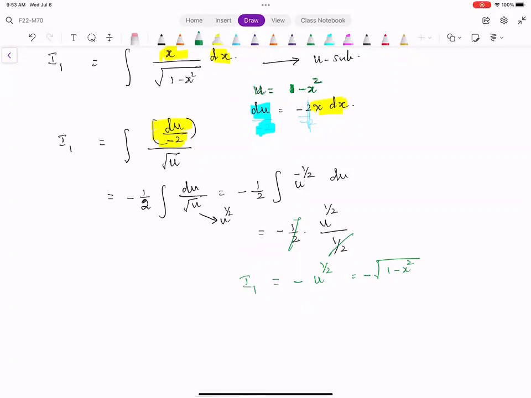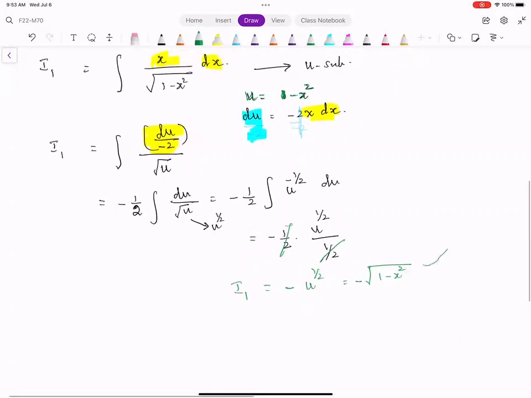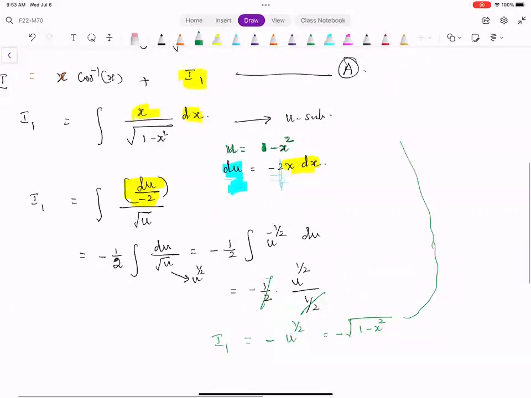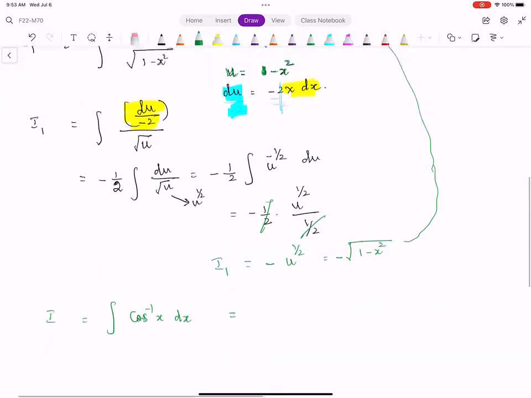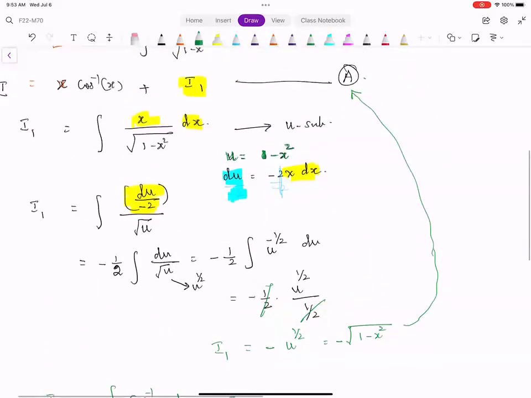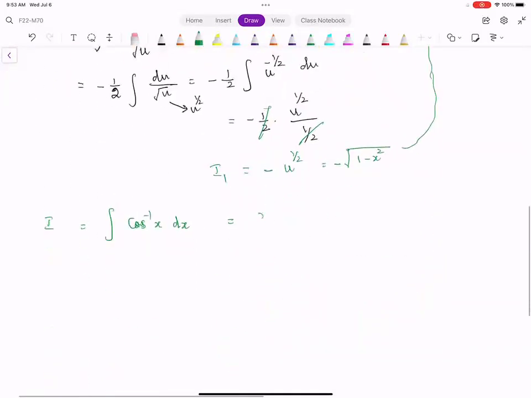So we evaluated this I1 separately, and then this goes back into the step. So I, which is the given integral in the problem, cosine inverse x dx, is an indefinite integral because there is no lower limit or upper limit. We have to remember to add the constant c at the end. So I have in step A, x cosine inverse of x plus I1.